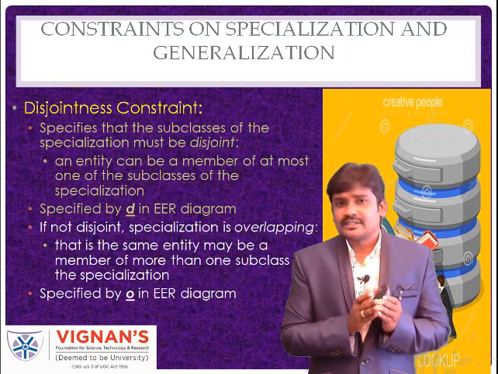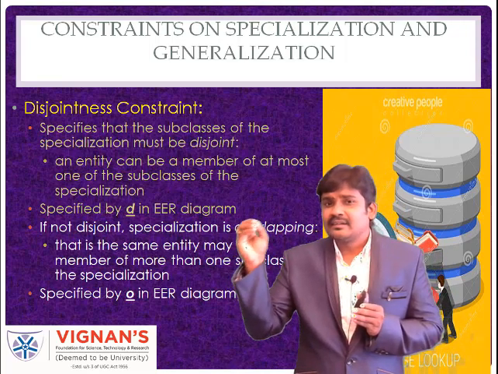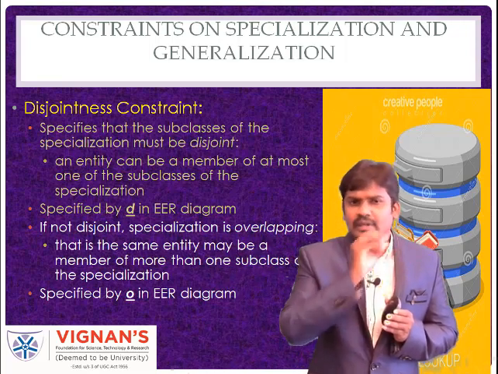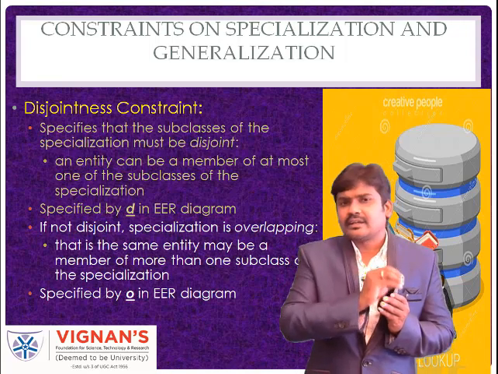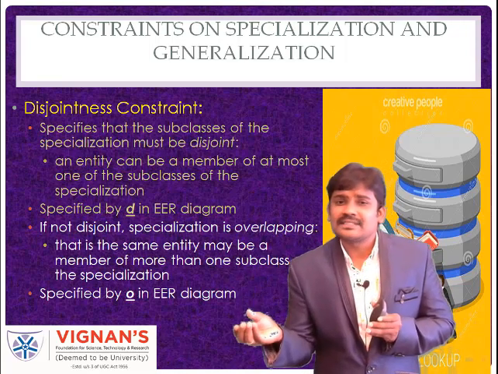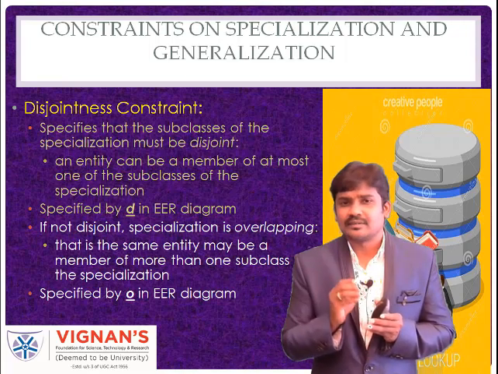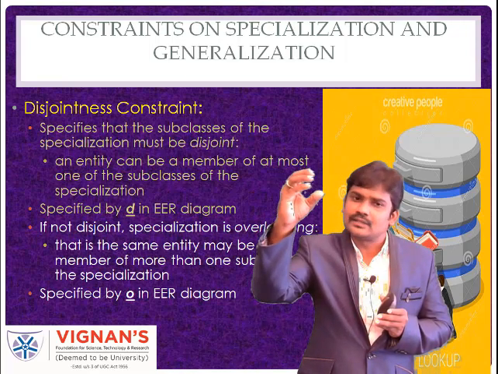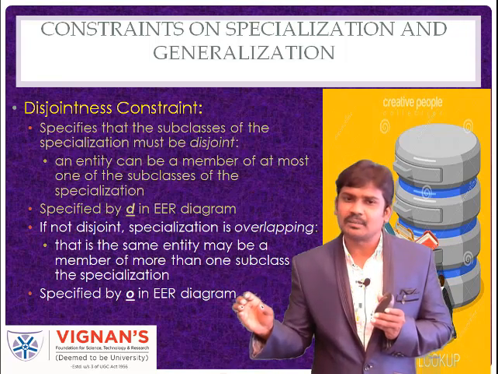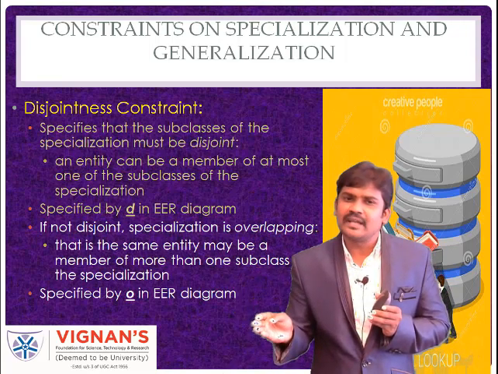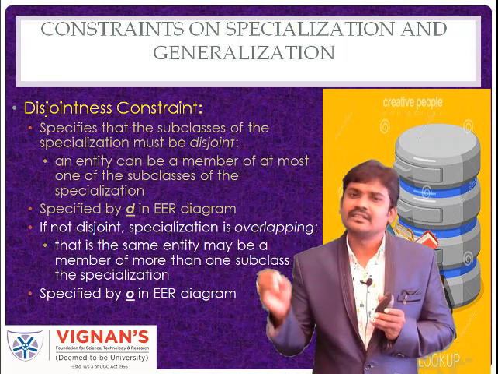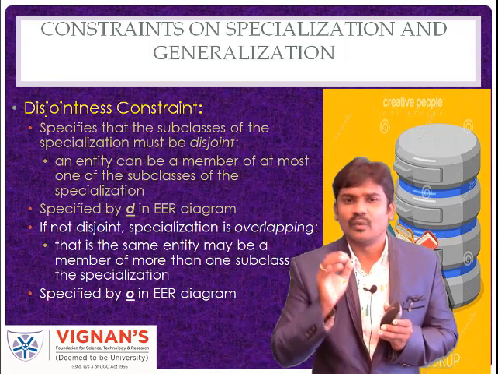So in that case, the businessman can do a job or an employee can do a business. So the subclasses are overlapping. Here people is the superclass, businessman and employee are the subclasses. So the businessman can be an employee, an employee can be a businessman. In that case, we call it overlapping.